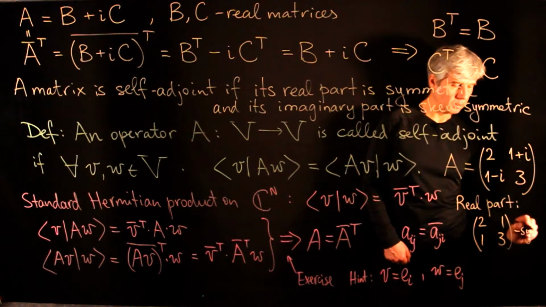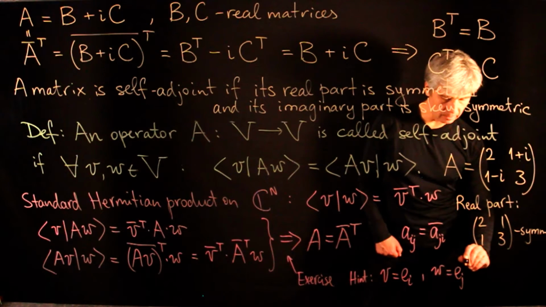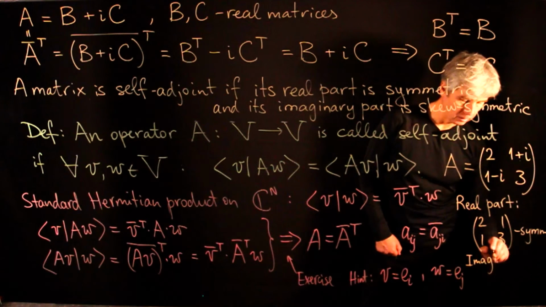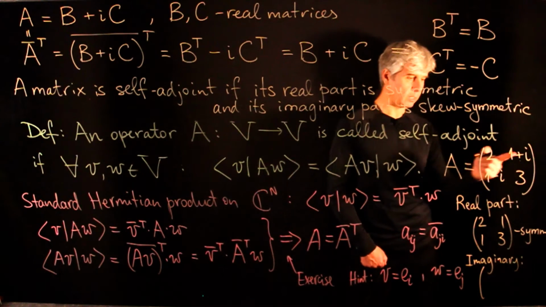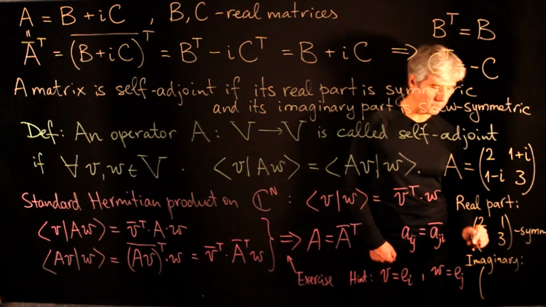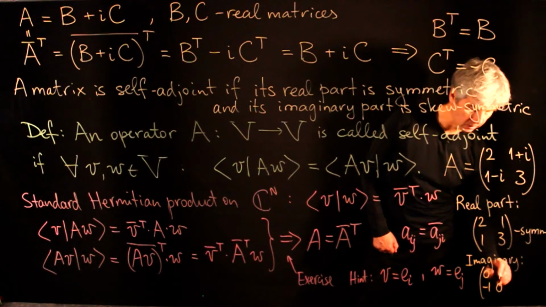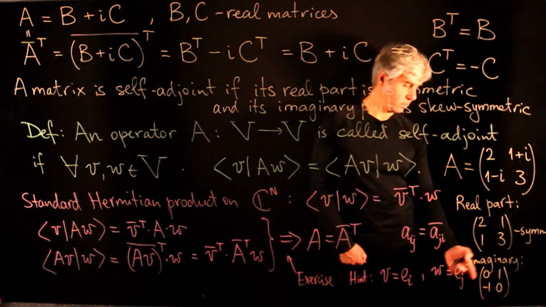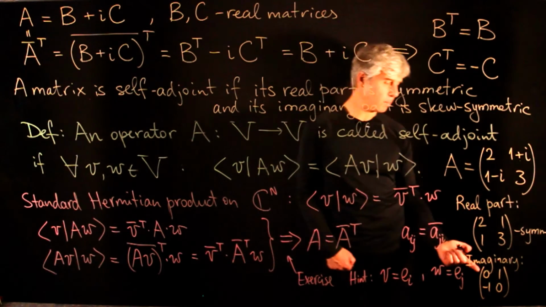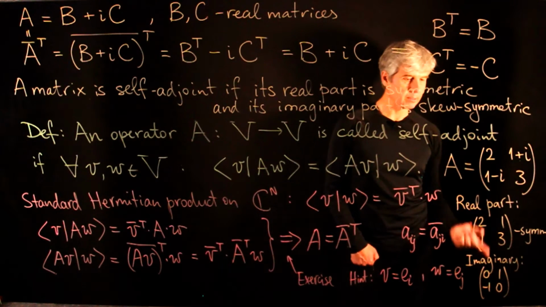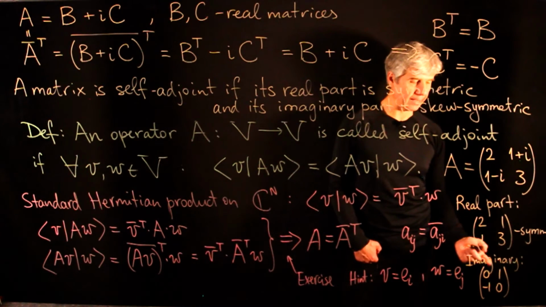This is symmetric, so if we take the transpose of this matrix, it doesn't change. And the imaginary part, if we take terms with i and pull i out, will be 0, 1, minus 1, 0. We can see that this matrix is skew symmetric. And recall that a skew symmetric matrix must have zeros on the diagonal. So this means that a self-adjoint matrix must have real entries on the diagonal.